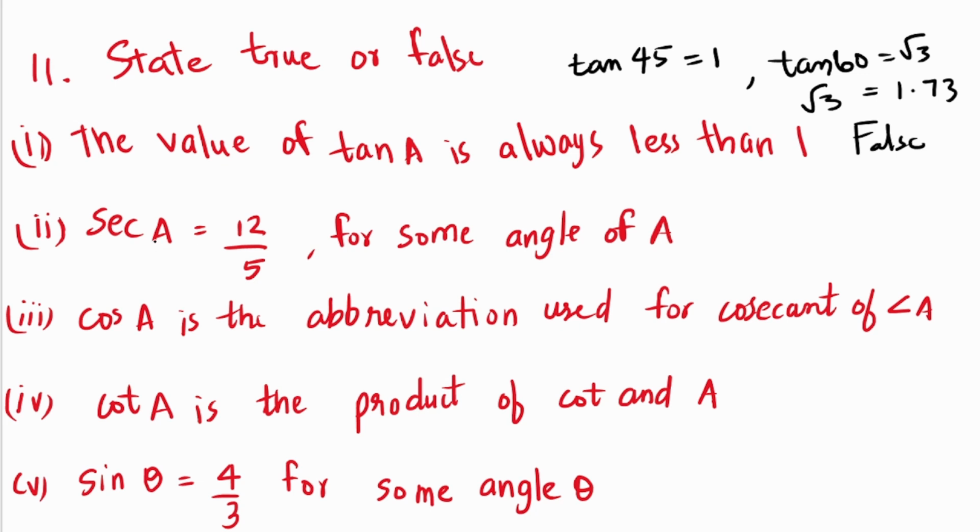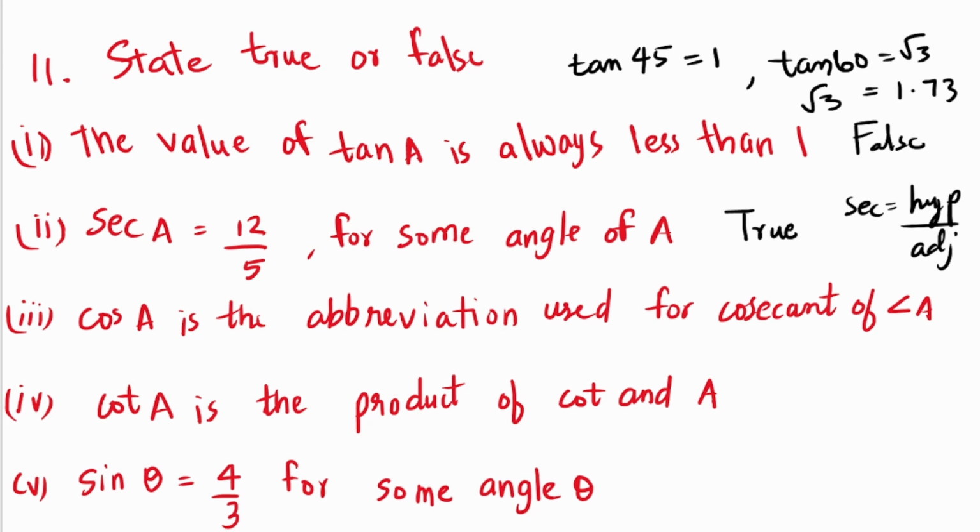And next question: sec A equals 12 by 5 for some angle A. Is it true or false? This is true. If you're wondering why, you know sec is nothing but hypotenuse by adjacent. In a right angle triangle, the longest side is always the hypotenuse, right?